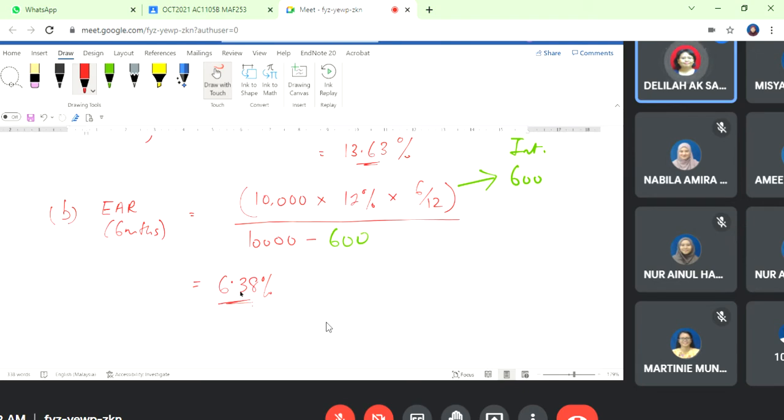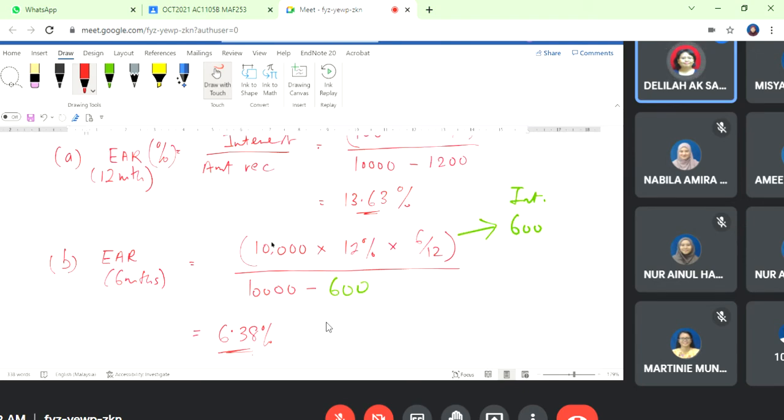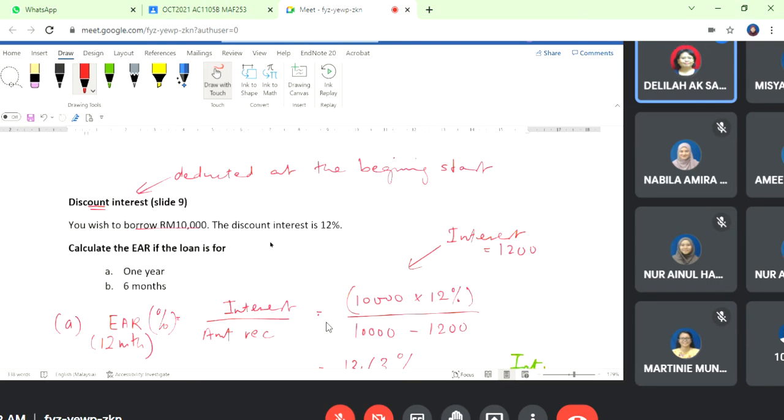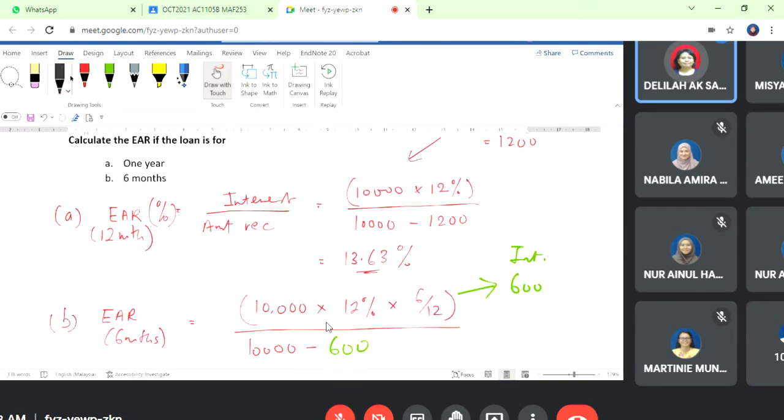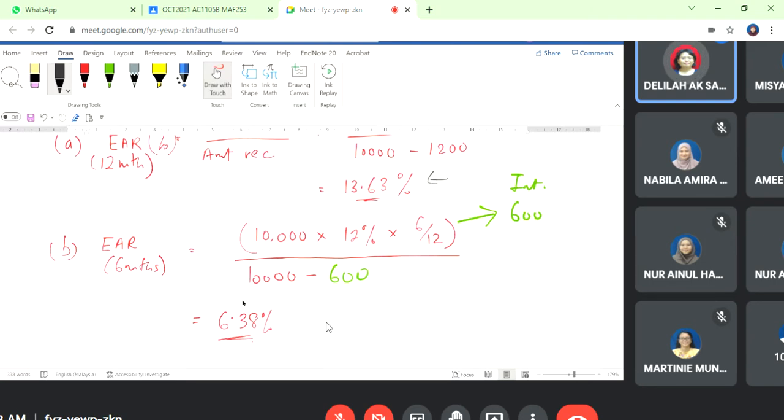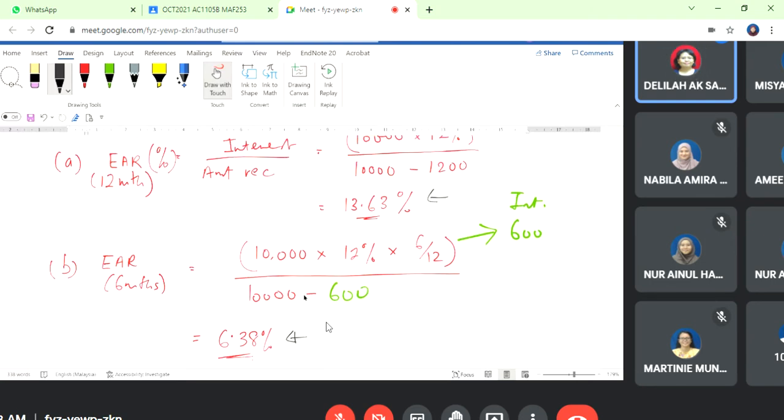So what you notice, okay, as I mentioned earlier, the interest rate is used to calculate how much interest you pay. The interest you are calculating on is based on 12%. That's what the bank gives you. Your effective rate can be different from that 12% that the bank is charging because of things like discount on the loan.